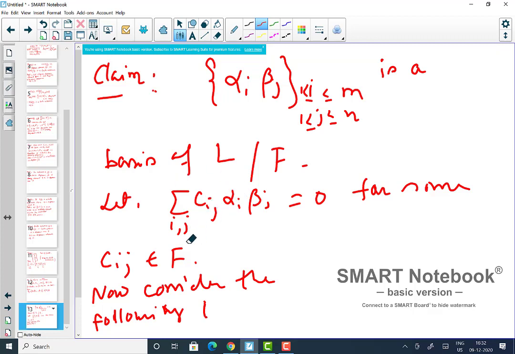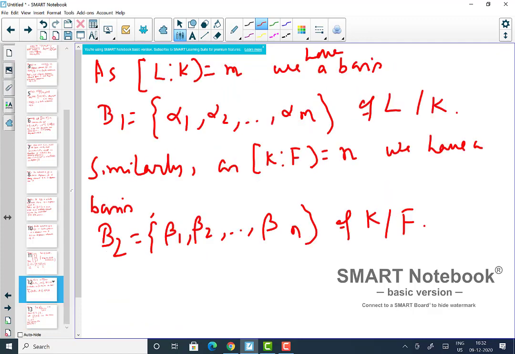Now see, alpha i's are elements of what? You should understand that first. This alpha 1, alpha 2, alpha 3, alpha m, they are a basis of L over k. So this alpha is an element of L. Similarly, beta 1, beta 2, beta n is a basis of k over f. So beta j's are elements of k, right?